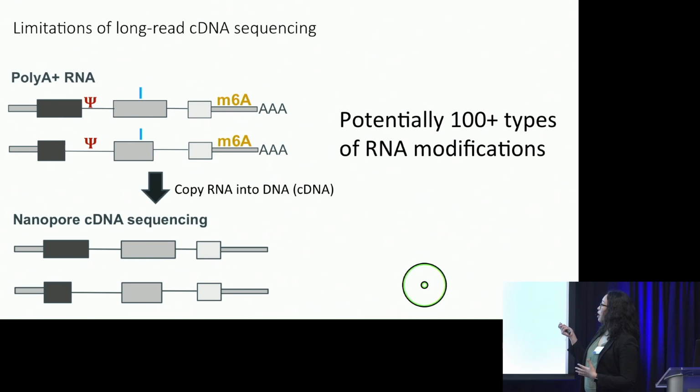And it's known potentially based on primarily non-coding RNAs or small RNAs, but we know that in the RNA world, there are over 100 types of RNA modifications. And so when we're, again, doing this copying of RNA to DNA, we're missing out on a lot of extra information about the actual output of the genome.